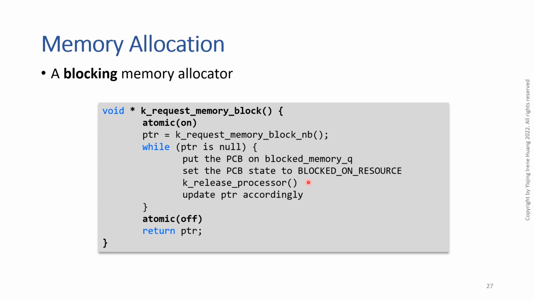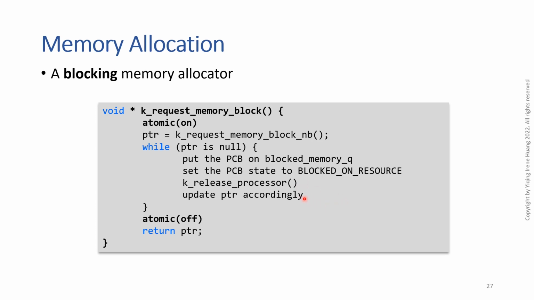Then the kernel will basically call the scheduler to find the next ready to run process and then perform the context switching to switch to the newly selected process. So the process that gets blocked basically gets blocked right here. It gets stuck here. Then once there's a memory available, the process will get resumed from here.